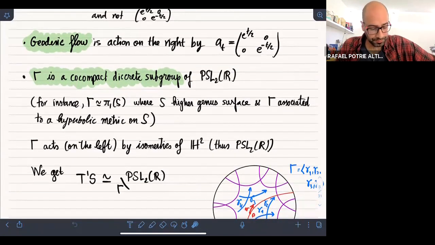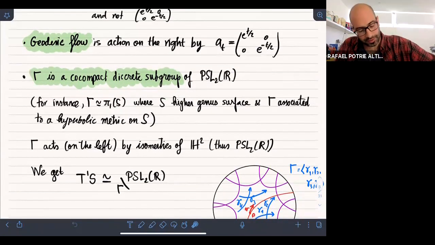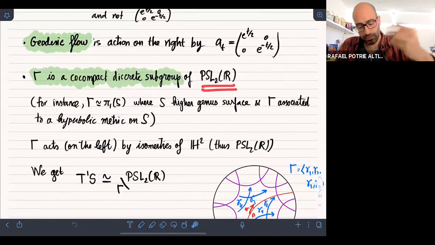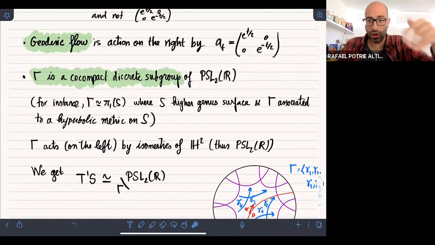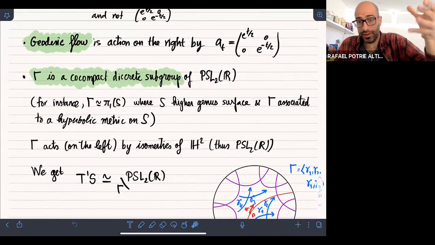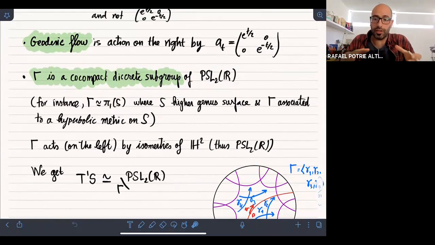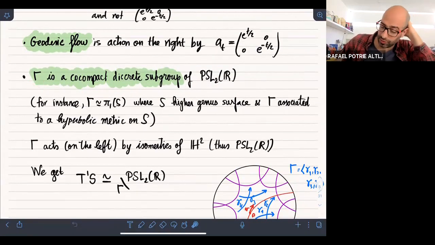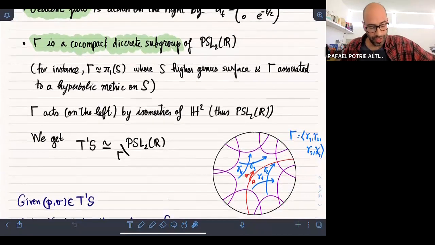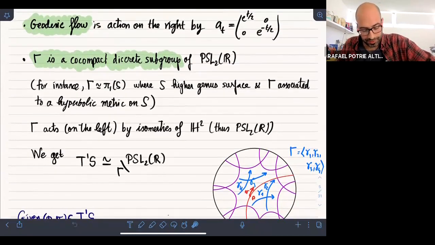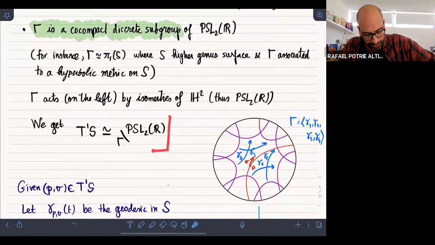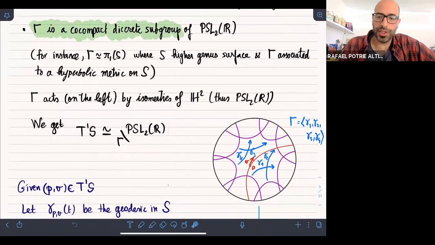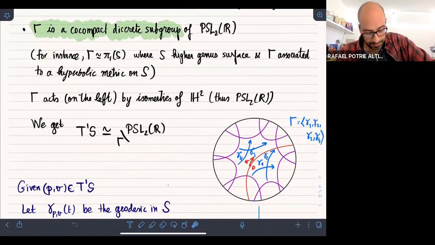Okay, so now if you fix a co-compact discrete subgroup of PSL2R, which as we said is the choice, for instance, of a compact surface of constant negative curvature, this produces a way to construct this group. Then you can act on the left by isometries of H2, and you get that the unit tangent bundle is exactly this quotient: PSL2R mod the action of this co-compact subgroup by isometries.